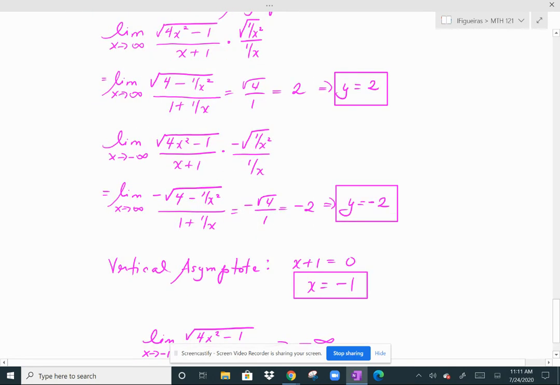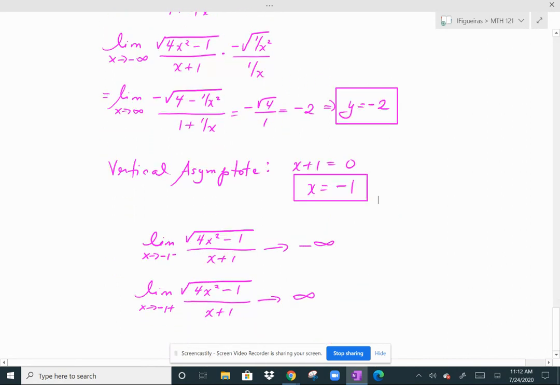My vertical asymptote is where my denominator is 0 and my denominator is x plus 1. You solve it and you get x equal to negative 1. So I have a vertical asymptote at x equal to negative 1.